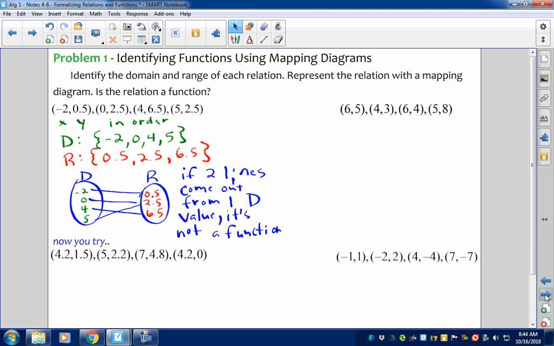So this is what we call a function. So you can write underneath it, this is a function, or to the side of it, this is a function. So it is a function. I'm going to give you an example of one that's not a function next. And then I'll show you graphically what it would look like.